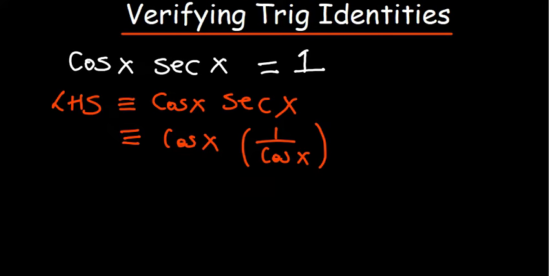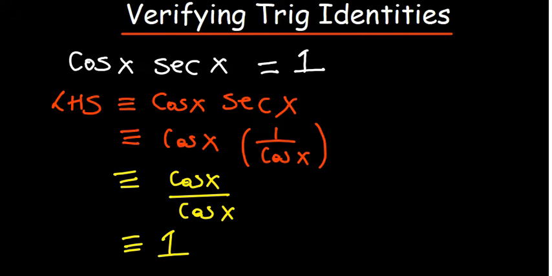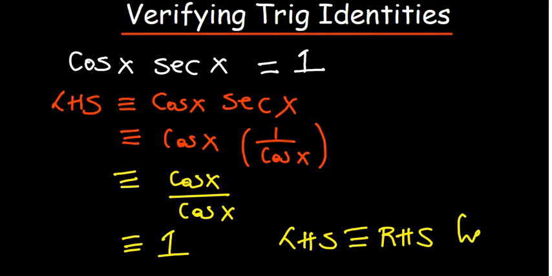So in the next step, you can clearly see you have cosine of x multiplying by 1, which will just be cosine of x, and then on the bottom you also have cosine of x, which is basically just equal to a 1. Now at that point, left hand side becomes identically equal to the right hand side. Okay, hence verified or proven, depending on how the question has been phrased.